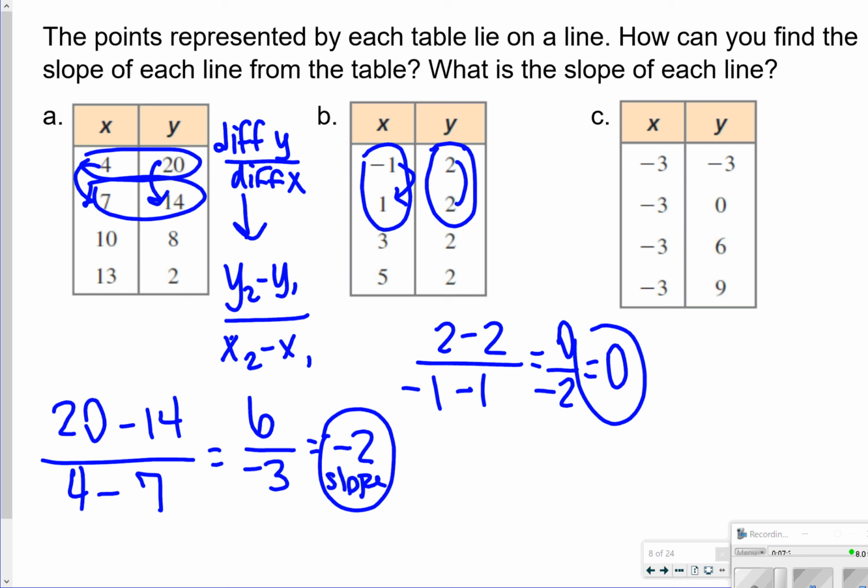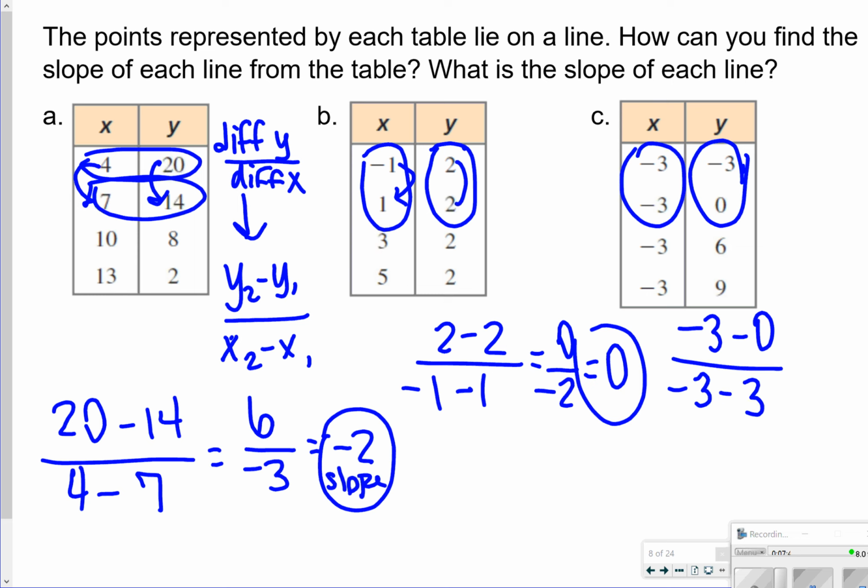Letter C though, if I do y2 minus y1, I'm going to be doing negative 3 minus 0 first, and then x2 minus x1, I'll do negative 3 minus negative 3. Negative 3 minus negative 3 means negative 3 plus 3, and that's going to give me 0. So that gives me negative 3 over 0, which means undefined.